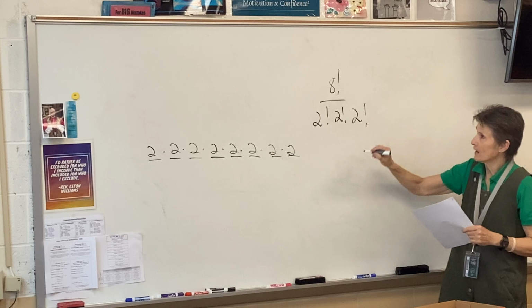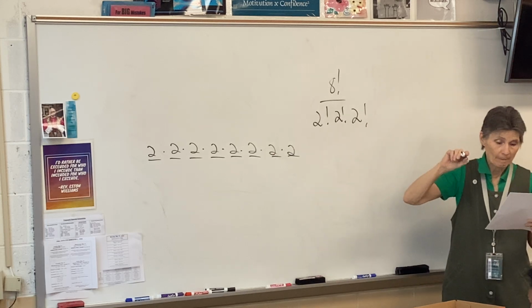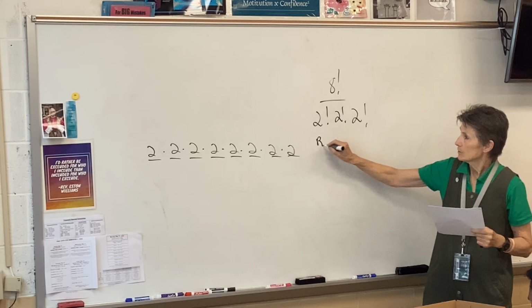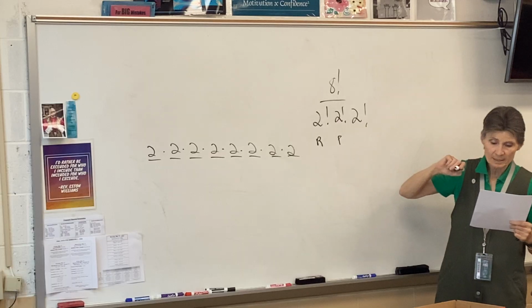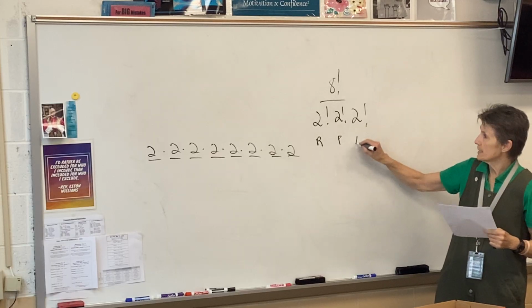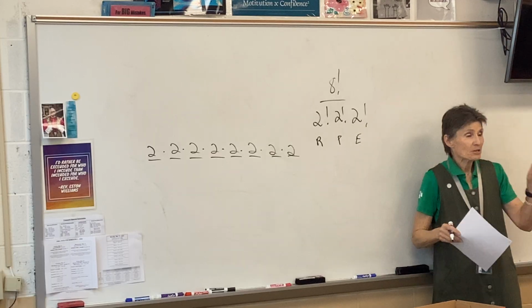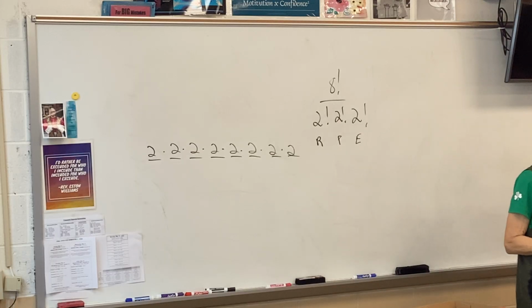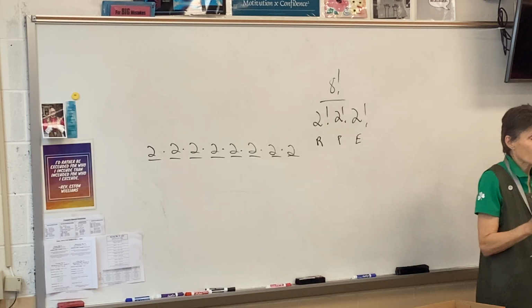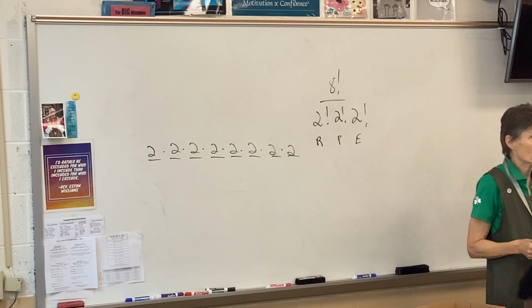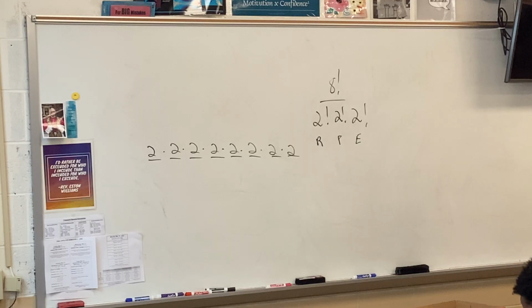Why are all these 2 factorials down here? Because there's 2 R's, 2 E's, and 2 P's. For each one that repeats, you divide by that factorial. Remember when we did Mississippi and we had 4 S's? We divided by 4 factorial.